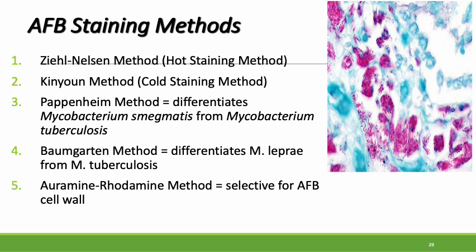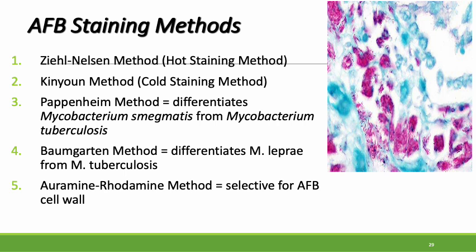For the Baumgarten method, it differentiates Mycobacterium leprae from Mycobacterium tuberculosis, with the same color reaction as the Pappenheim method. The Auramine-Rhodamine method employs a fluorescent dye to selectively color the AFB cell wall.